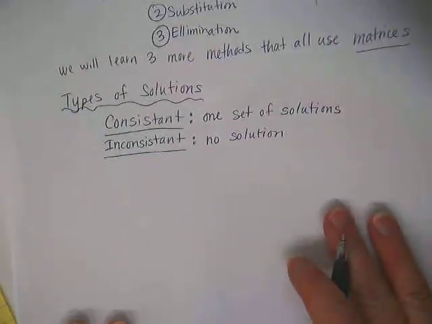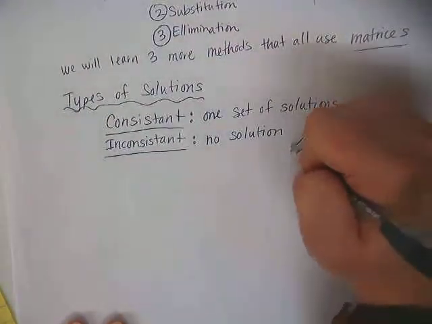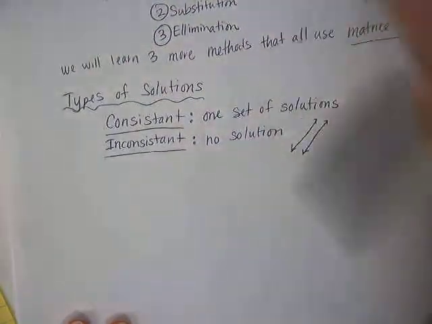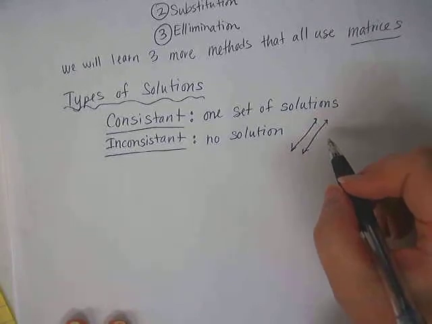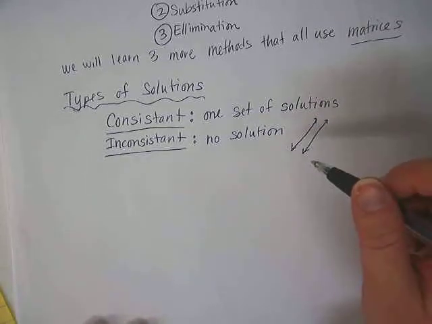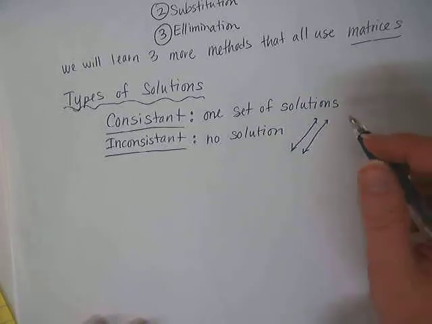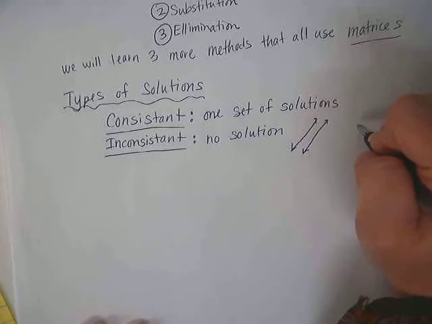And back when you did solving by graphing, the solution by graphing would have looked like parallel lines. They would have never crossed. Does that sound familiar? Okay, so if the lines were to never cross, they never have answers that work in both equations, then there's no solution. Okay?